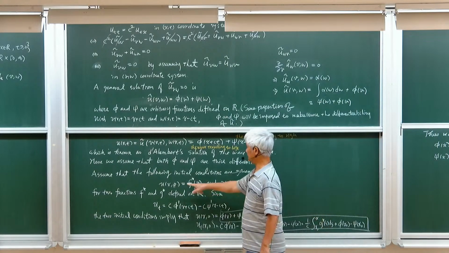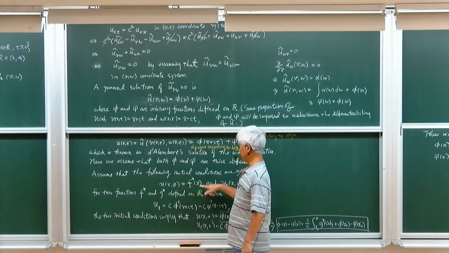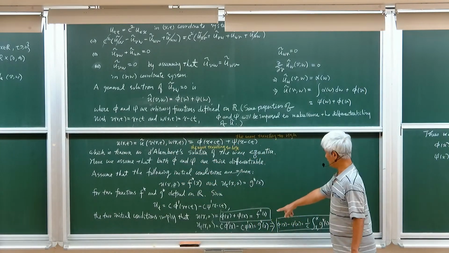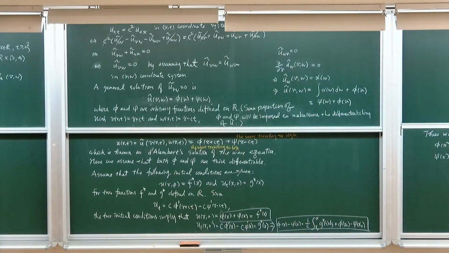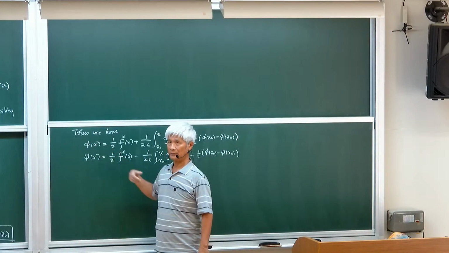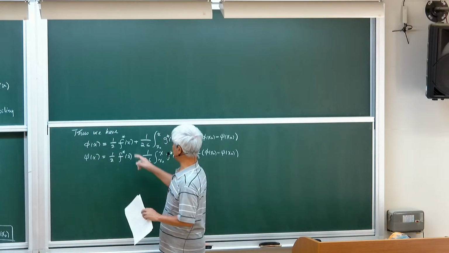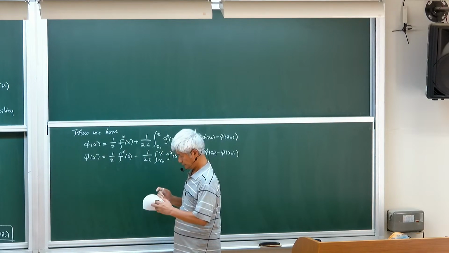At every location. All right. So from there, we actually solve these two wave shapes, okay? These two wave shapes in terms of f star and g star.